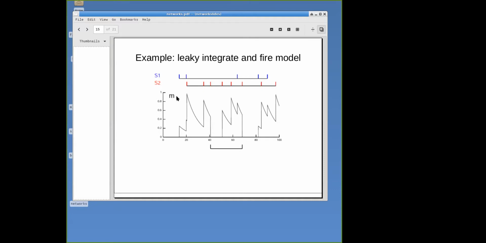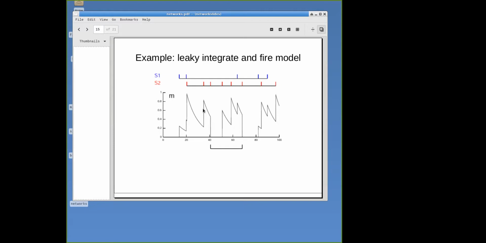So every time we see a blue hash mark here, we get a small jump of the value of M. Every time we get an event on the red stream, we get a big jump of M, okay? And in this case, the weights are constant, so every time there's an input on the red stream, we get the same vertical jump of M.